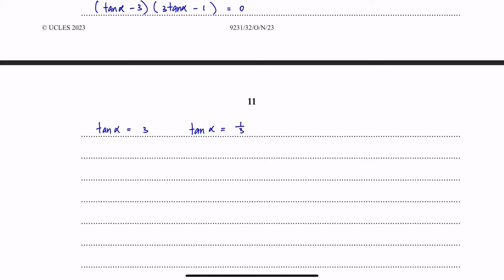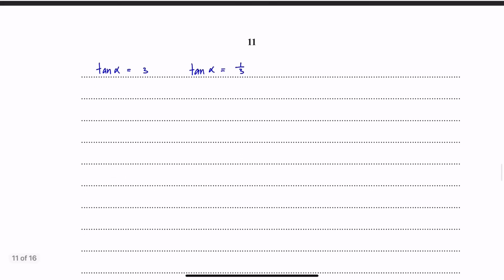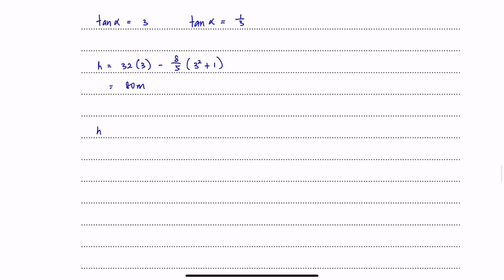That means we have two possibilities for the height. So the first situation, when tangent is 3, we have 32 times 3 minus 8 over 5 times 3 squared plus 1. We would get 80 meters. Let's call this h1.